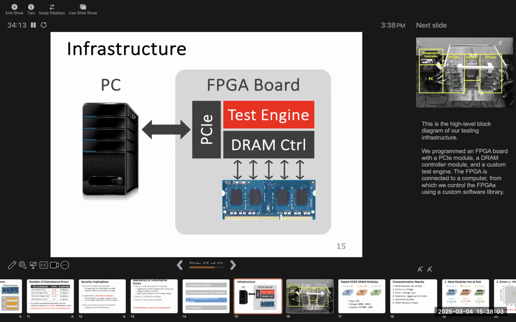FPGA stands for field programmable gate array, for those of you who don't know the basic idea. For example, if you get an Intel x86 chip, you cannot modify it, right? You cannot say, okay, I want to do an improvement in this processor.